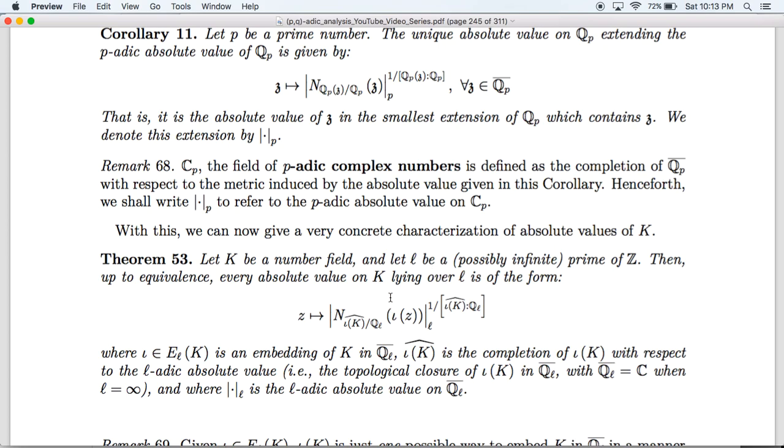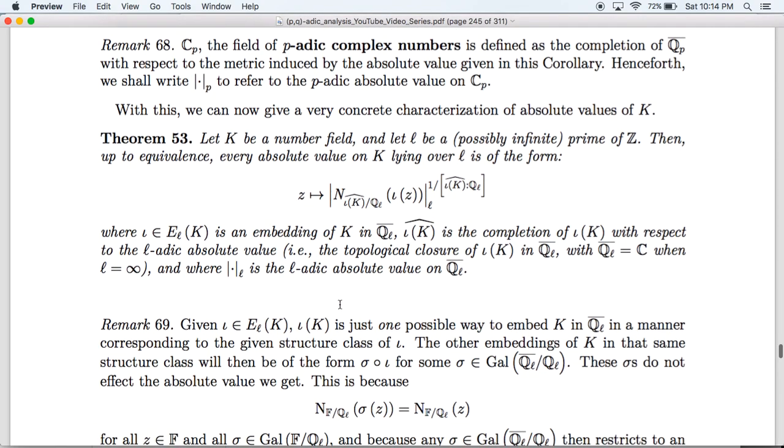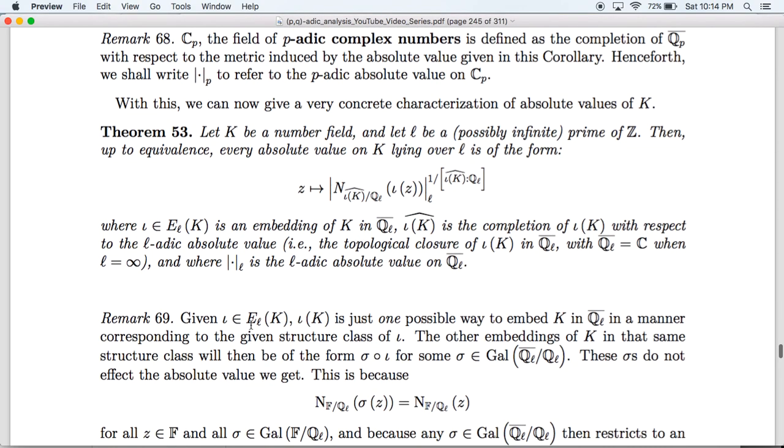So this is our analog for the finite places of the construction for the absolute values we gave for the Archimedean places, the infinite places, where we picked an embedding and took the absolute value as a complex number. Just to understand what's happening here, given a particular embedding of K in Q_L bar, iota of K is just one possible way to do it.